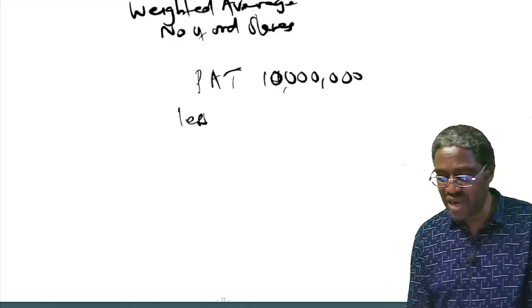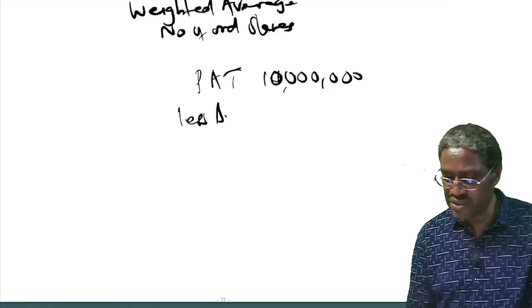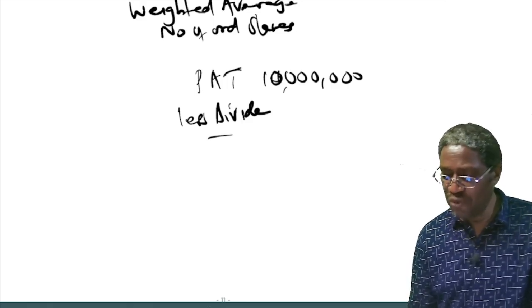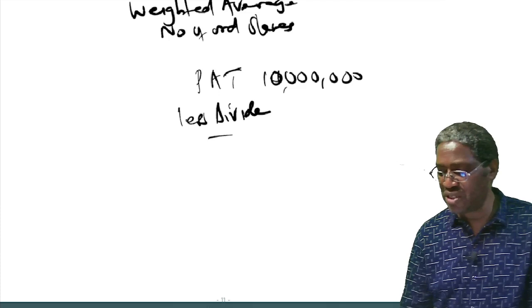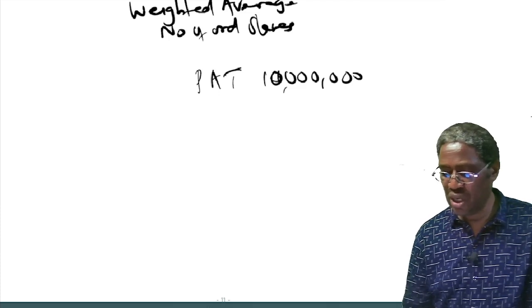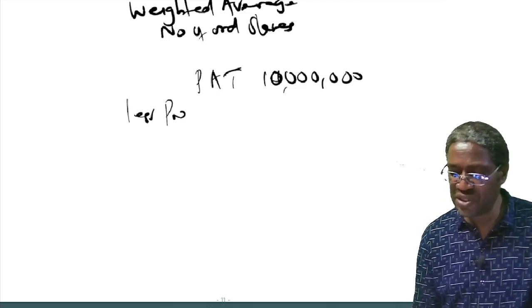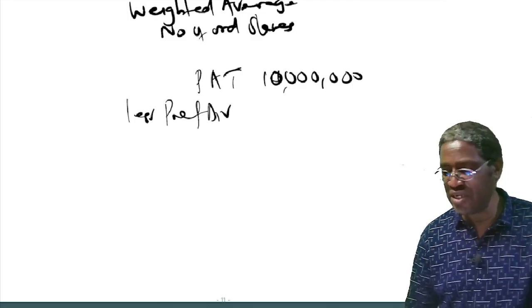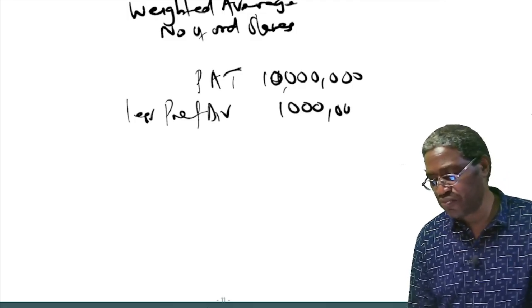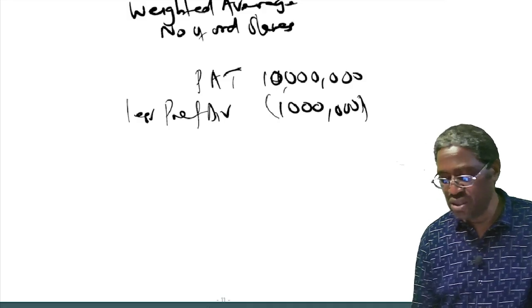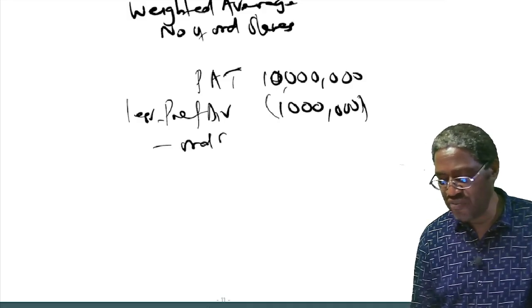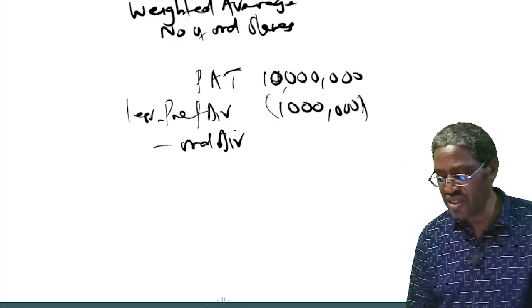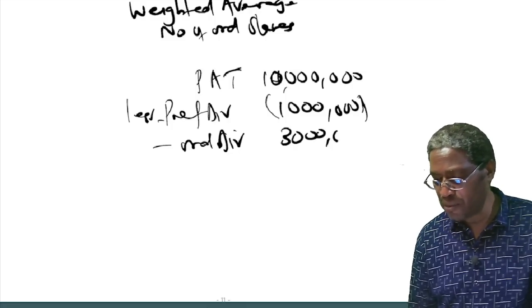So the examiner might come and tell you, less dividends. One form of dividend could be, let me just call it, less preference dividend. Preference dividend, let me assume 1 million. Then you are also given ordinary dividend. Ordinary dividend, let me assume 3 million.